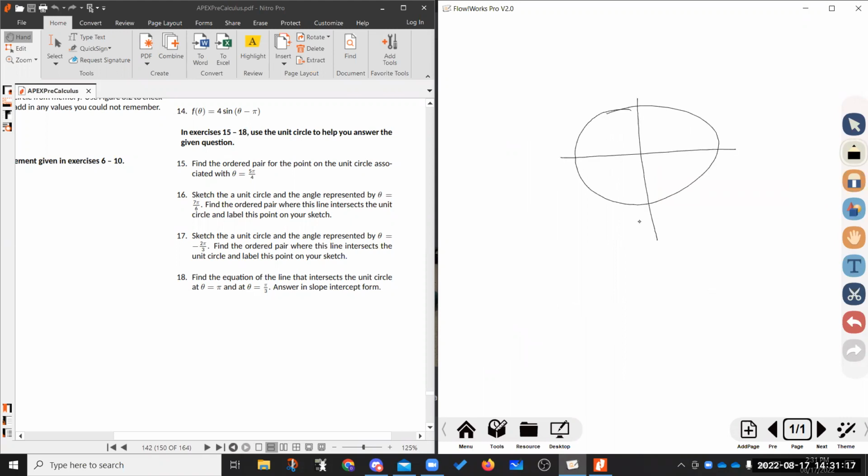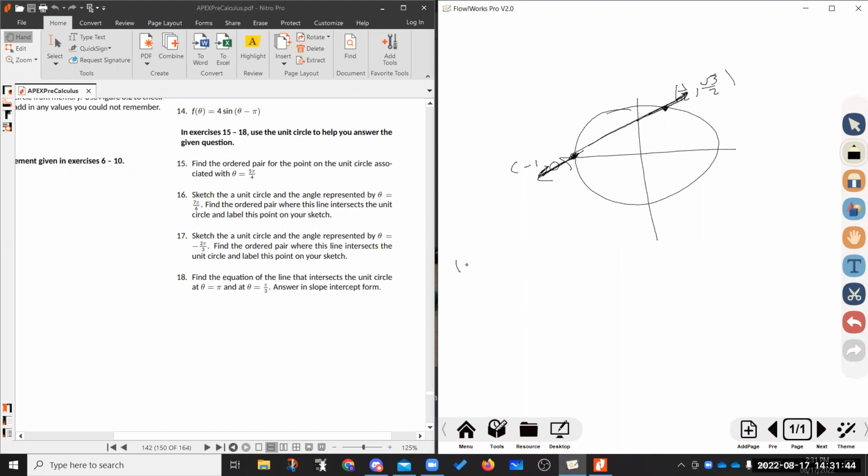At theta equals pi over here, we've got the point negative 1, 0. At theta equals pi over 3, up here, we've got the point 1/2, root 3 over 2, and we've got a line that comes through those 2 points, and they want us to find the equation of that line.